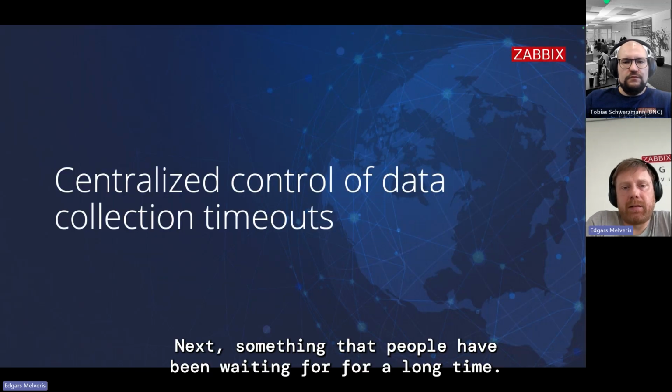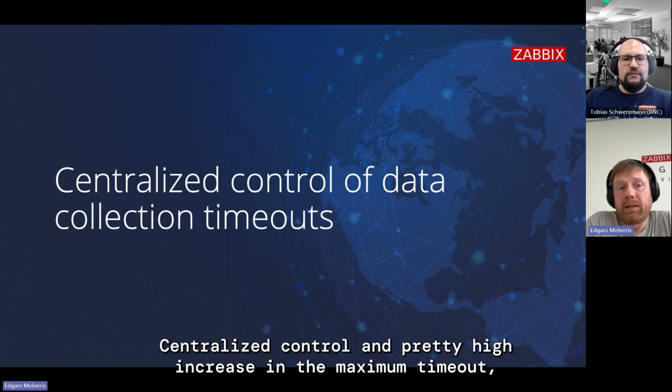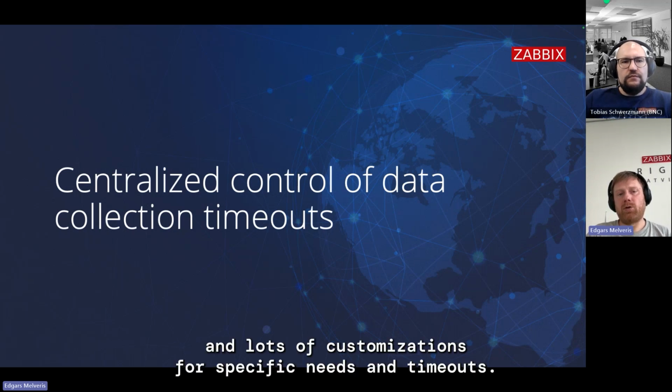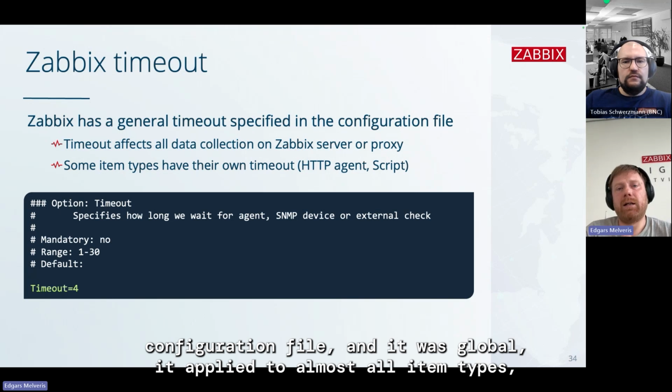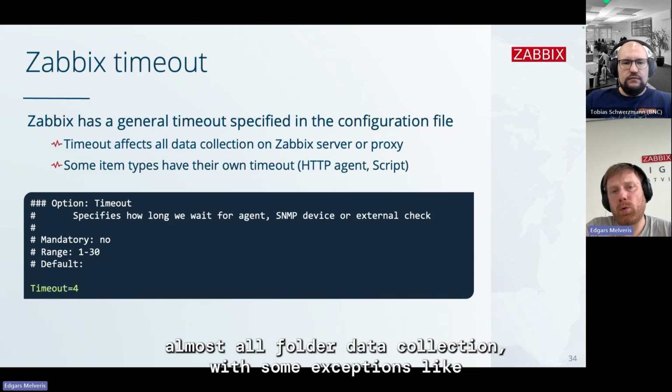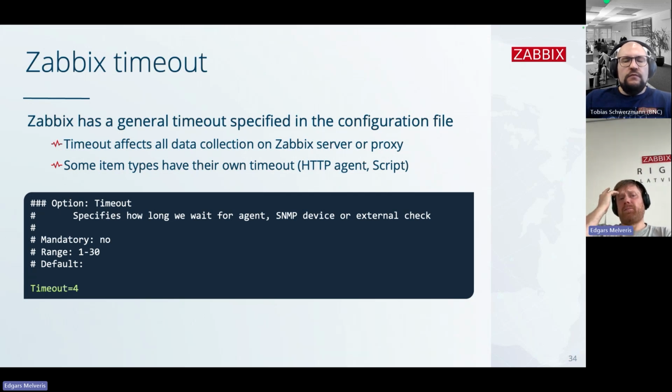Okay, next, something that people have been waiting for a long time: centralized control and a pretty high increase in the maximum timeout, and lots of customizations for specific needs and timeouts. It used to be that you could set the timeout only per server or per proxy in its configuration file, and it was global. It applied to almost all item types, almost all polling data collection, with some exceptions like HTTP agent and script.